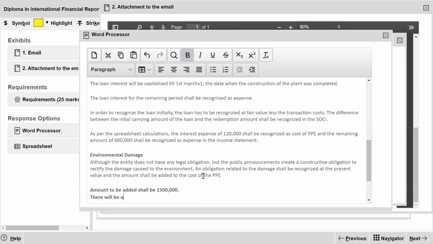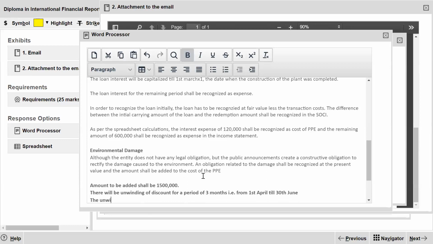There will be unwinding of discount for a period of 3 months, that is from 1st April till 30th June.